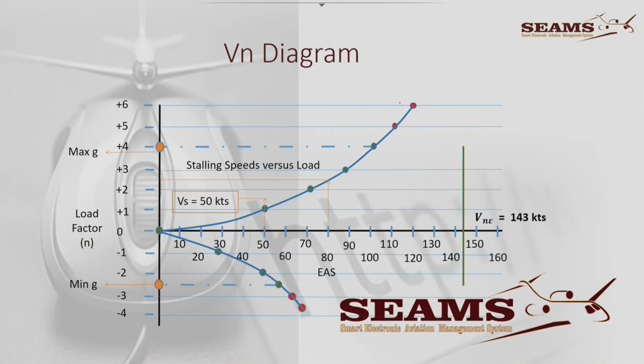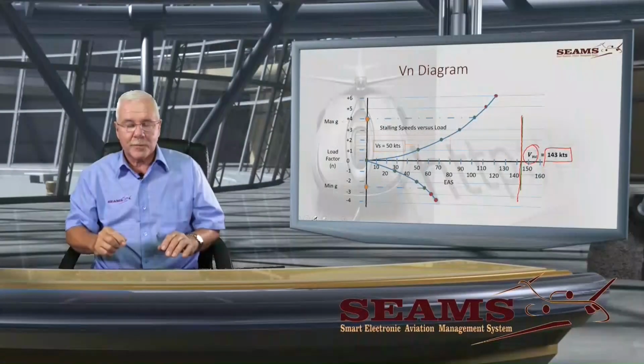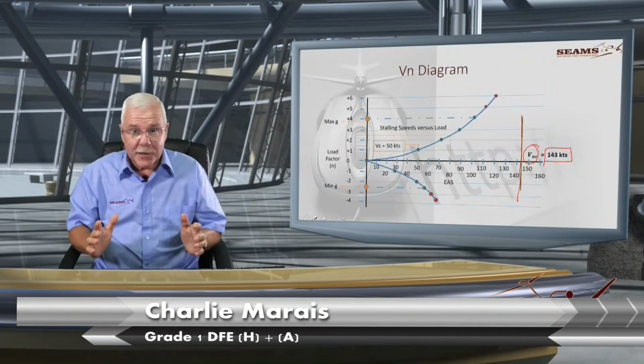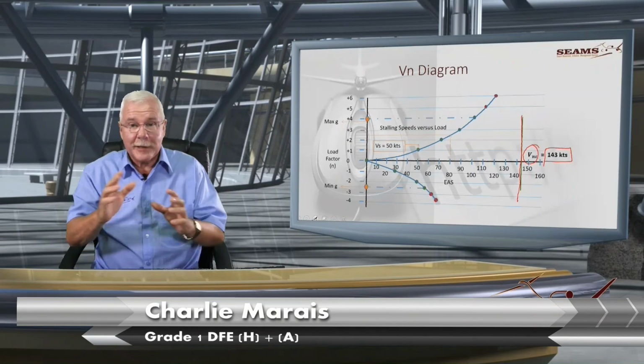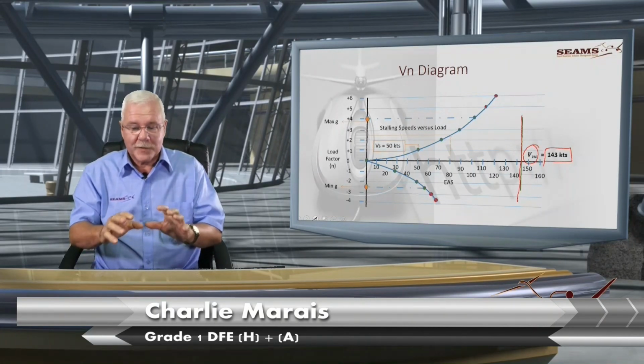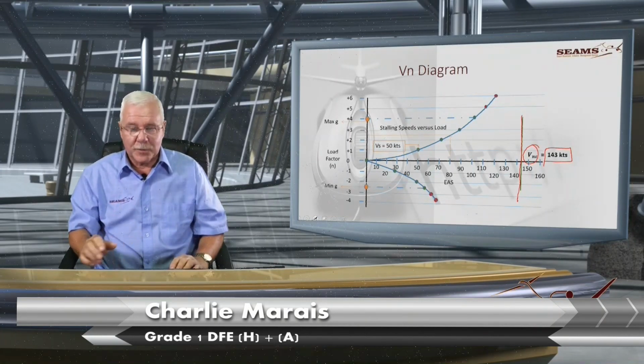The next one that we have to deal with is the VNE, velocity not exceeded. And I put a line in here and said 143 knots. Where did I get the 143 knots from? I just decided on 143. Okay, it could have been anything. So this is just to make up the principle of what we're busy doing.